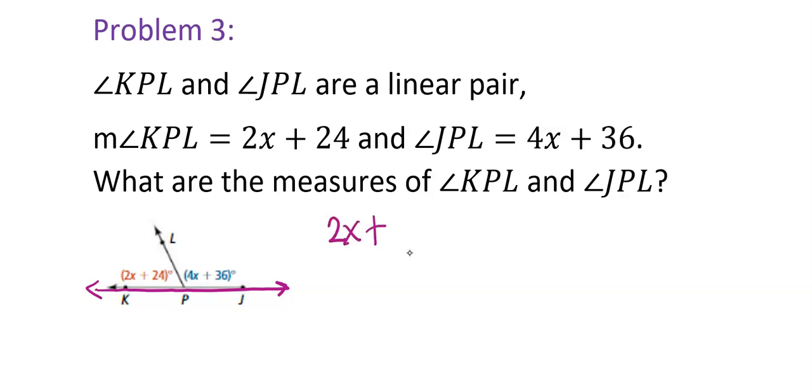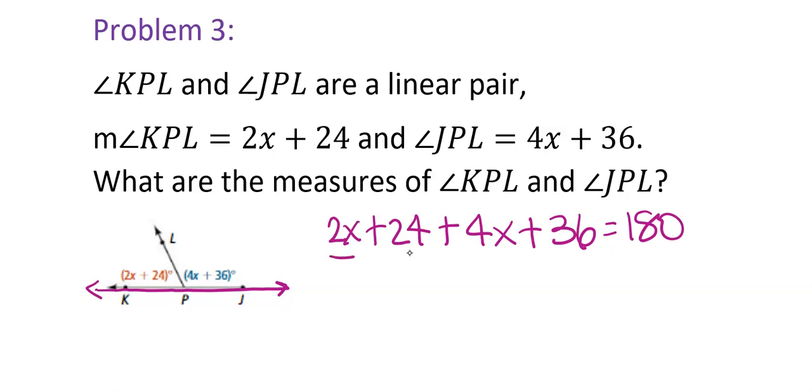So 2x plus 24 plus 4x plus 36 is equal to 180. So we'll put like terms together, 6x, and then 24 plus 36 is 60.